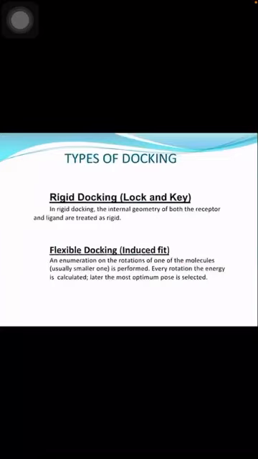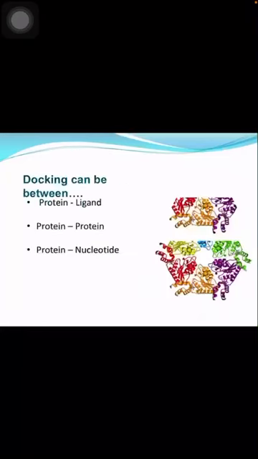When the ligand is joined with the receptor, it forms an induced conformation, and they join together to form the complex. An enumeration of the rotations of one of the molecules is performed, and the energy of every rotation is calculated. Later the most optimum pose is selected.